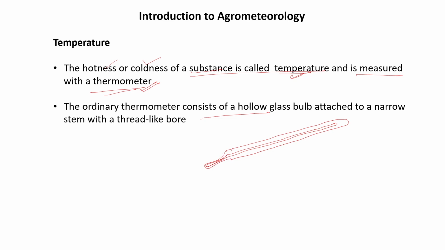And it also has a scale. So, an ordinary thermometer consists of a hollow glass bulb attached to a narrow stem with a thread-like bore.